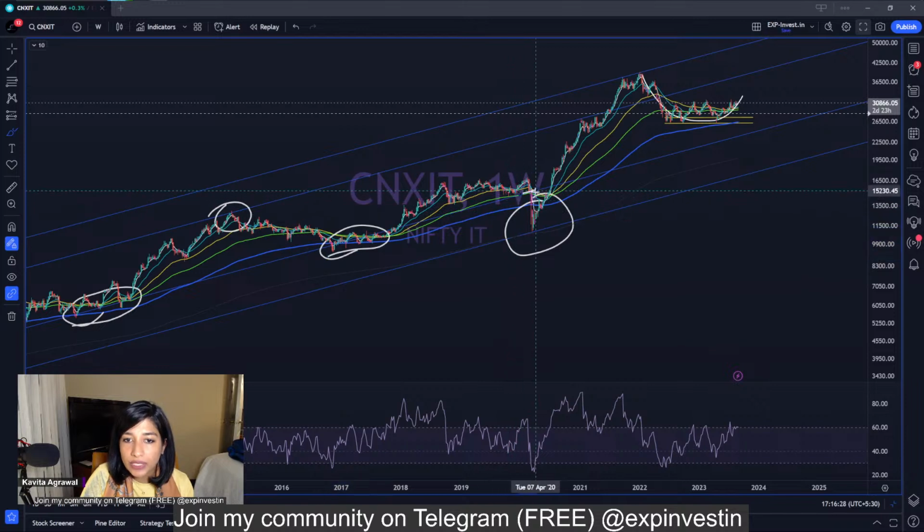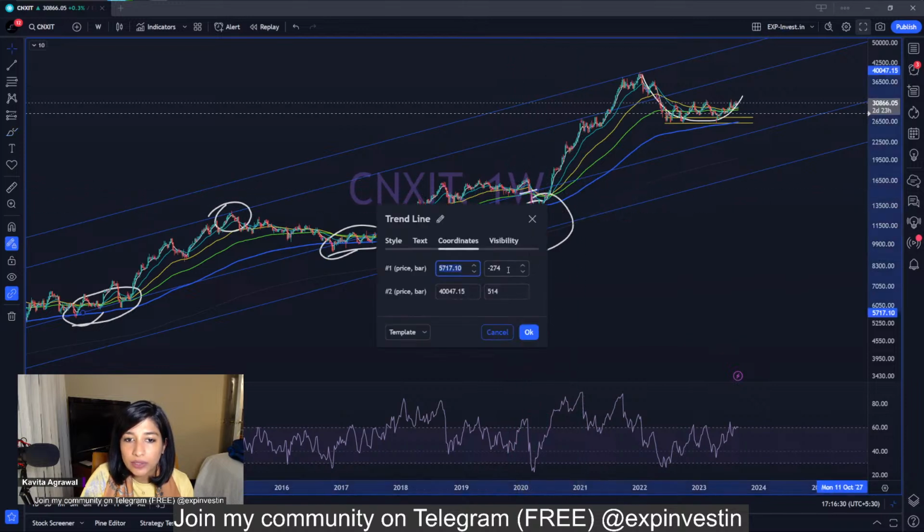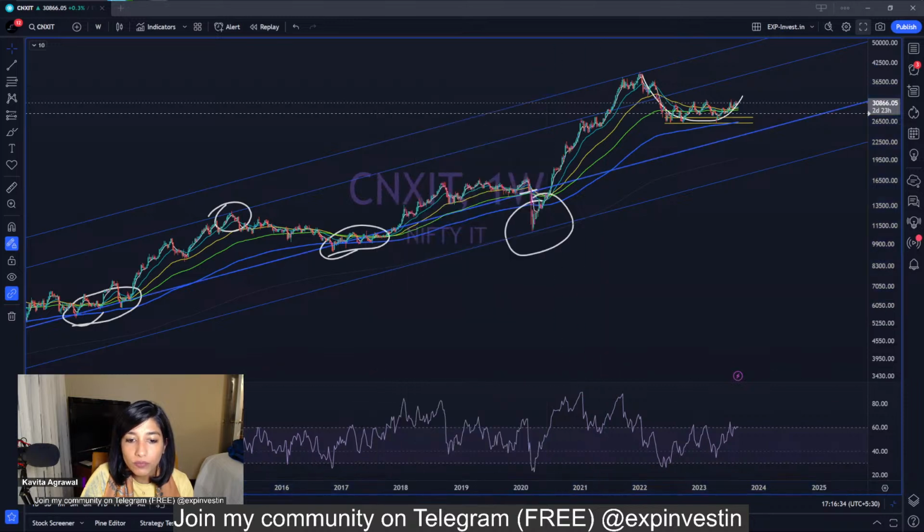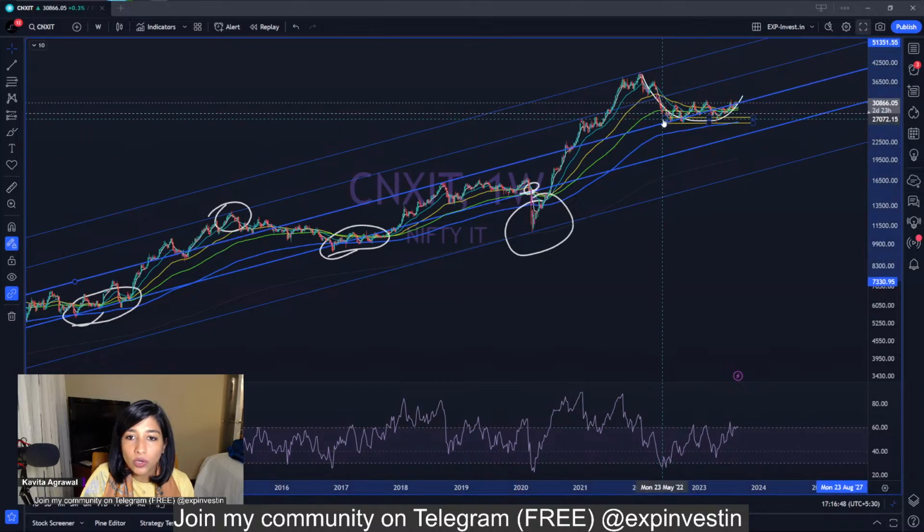Let me just make it a little bit thicker because I think a lot of you might not be able to see it. So here you can see that the trend line had some emphasis. Here, as soon as the trend line got breached, there was a sharp decline, a move towards the next trend line, and then a strong reversal. Now we're going to pull this trend line, and we are going to drop it here.